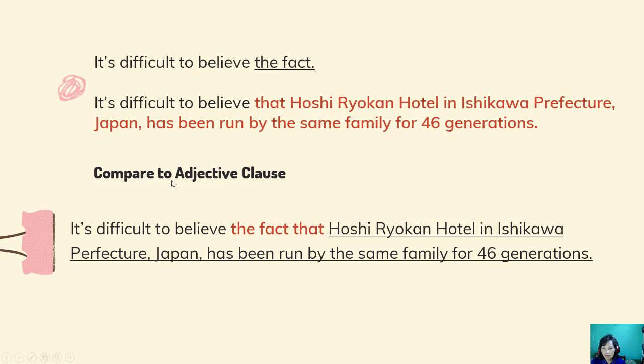Again, I want to compare it to adjective clause. This is the noun. No noun, because it is replaced. But there is a noun because this is an adjective clause, and the clause here describes the fact.